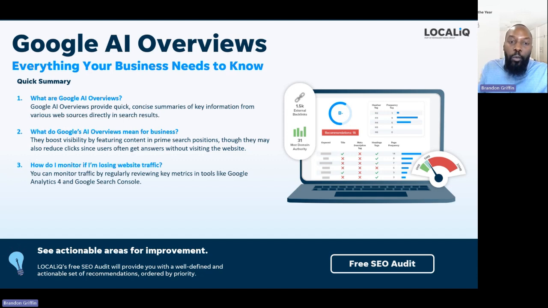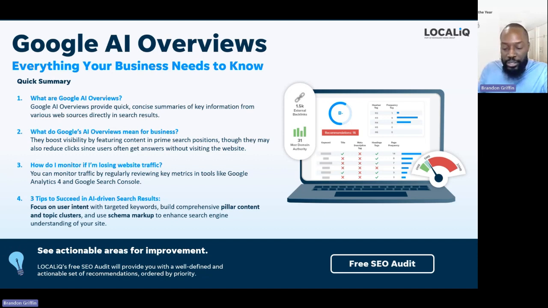And so one of the things that we suggest is that businesses monitor their website traffic regularly. And two tools that you can use are Google Analytics 4 as well as Google Search Console. And then when you think about taking action and trying to be successful in this new AI era, especially when it comes to showing up in search results, since 8 billion searches are taking place every day, and you want to make sure that your business is coming up, what we suggest is you focus on user intent and make sure that you use targeted transactional type keywords.